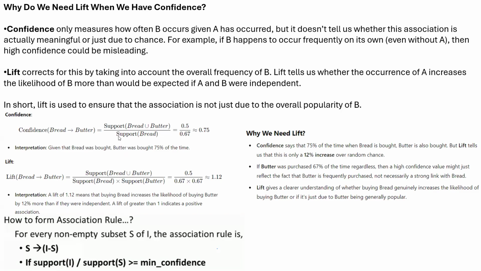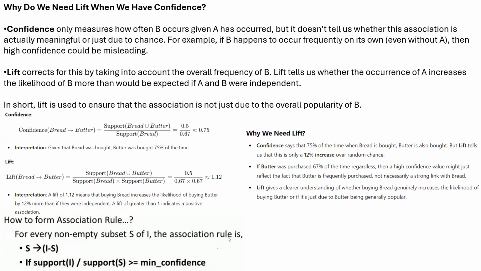Here you are just considering only the transactions where bread happened, not the transactions where bread and butter happened together. You have to take both the transactions to find the right correlation between the two items, or the dependency of one item on the other. So that is why you also calculate the lift along with the confidence. That's the reason you need to go to the lift most of the time to find the actual association between both of them.